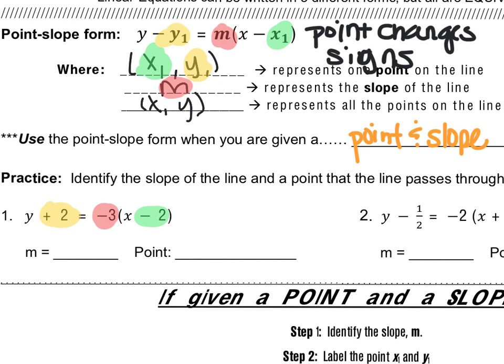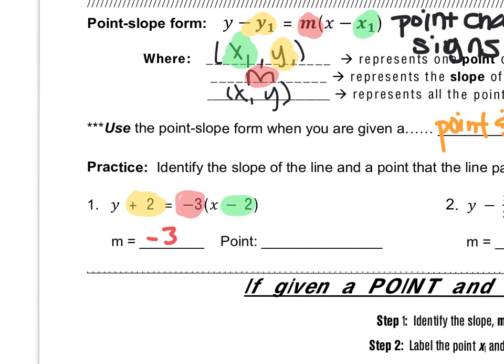From those three numbers, we can identify our slope and our point. The first thing is our slope, because our slope is always the number that's in front, which in this case is -3. So m in this problem is -3. Because when they ask you for m, all they're asking you for is the slope of the line.